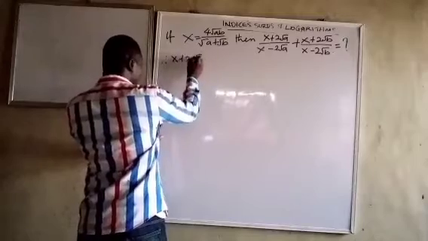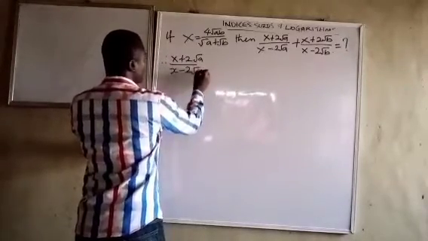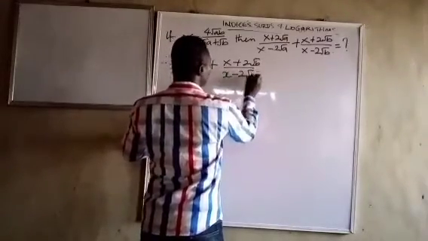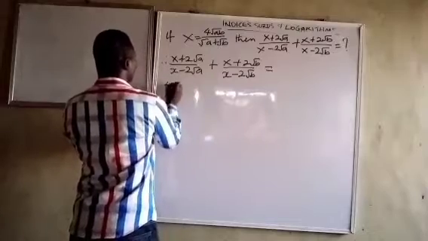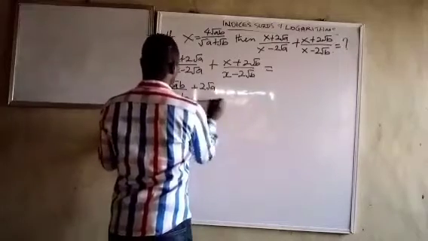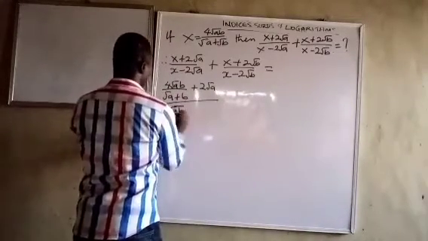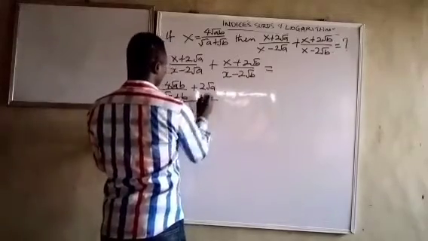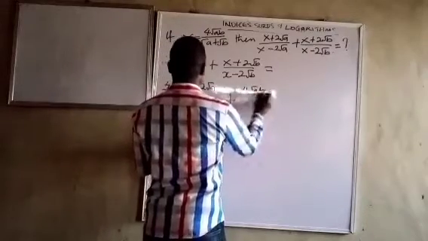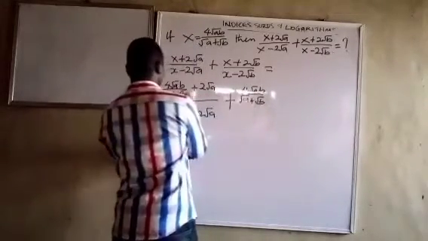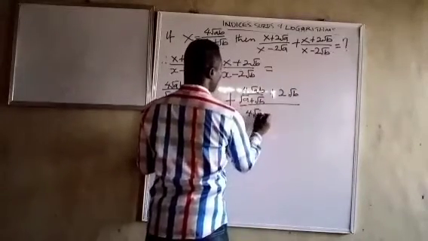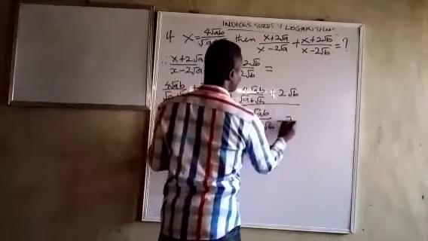Therefore, x plus 2 root A over x minus 2 root A plus x plus 2 root B over x minus 2 root B will be equal to 4 root AB over root A plus root B plus 2 root A, over 4 root AB over root A plus root B minus 2 root A, plus 4 root AB over root A plus root B plus 2 root B, over 4 root AB over root A plus root B minus 2 root B.